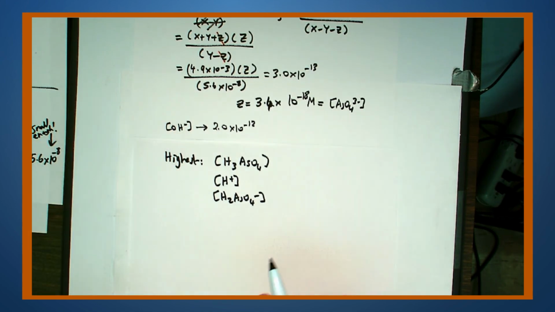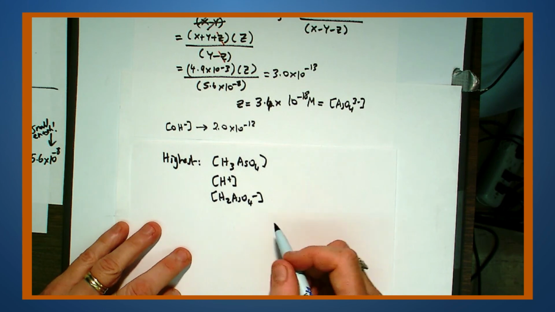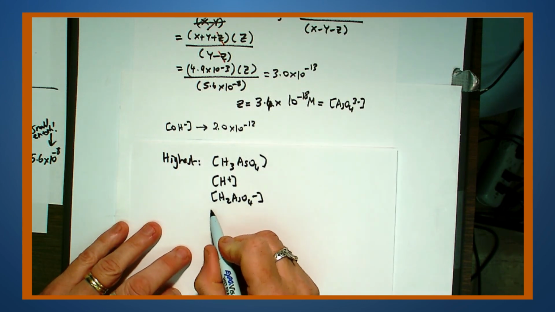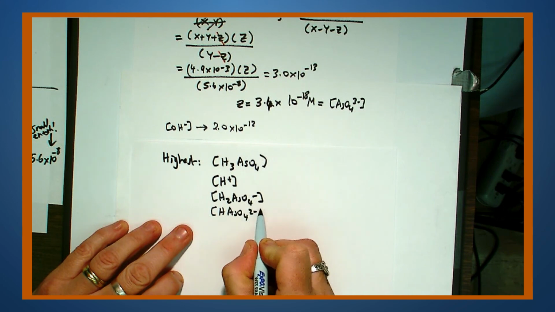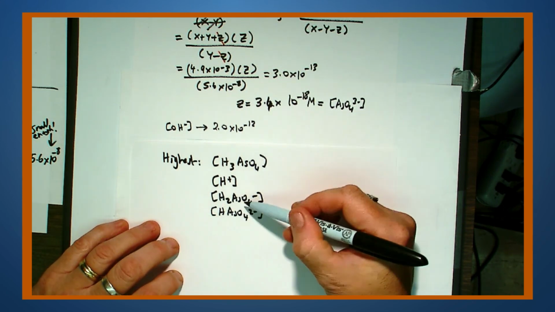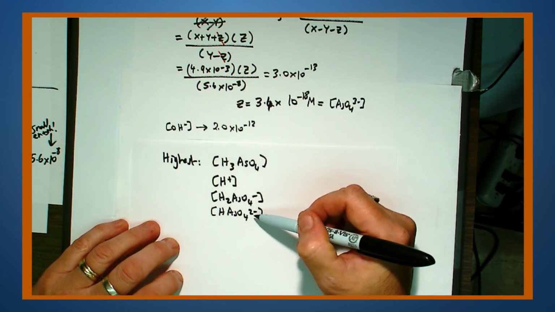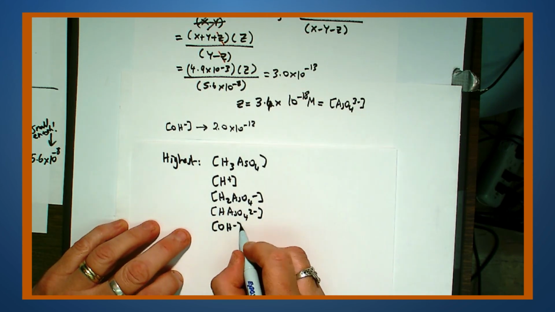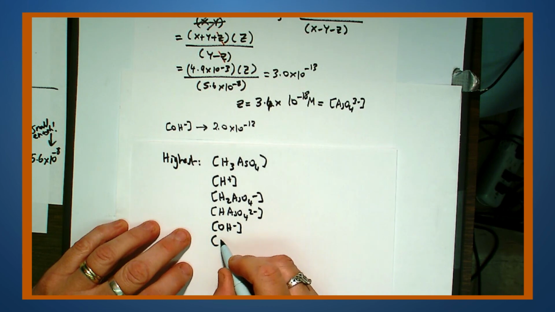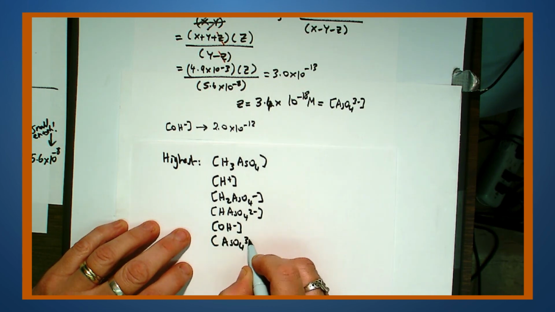Then we go down even further still, and the one we're going to have even less of is HAsO4 2-, because only some of this lost another proton. And then after that comes OH-, and then absolutely dead last is AsO4 3-.